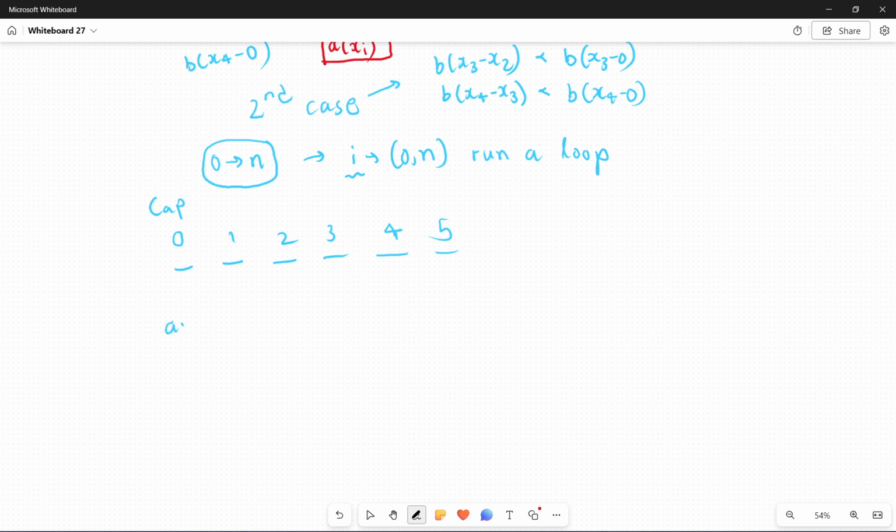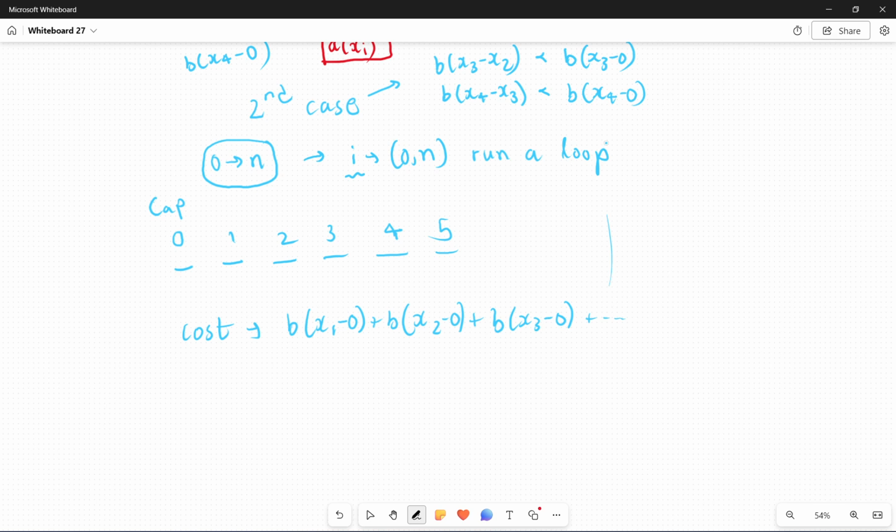In this case your cost is going to be b into x1 minus 0, plus b into x2 minus 0, plus b into x3 minus 0, and so on.